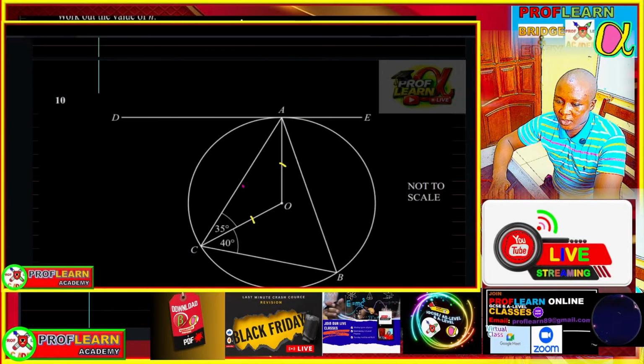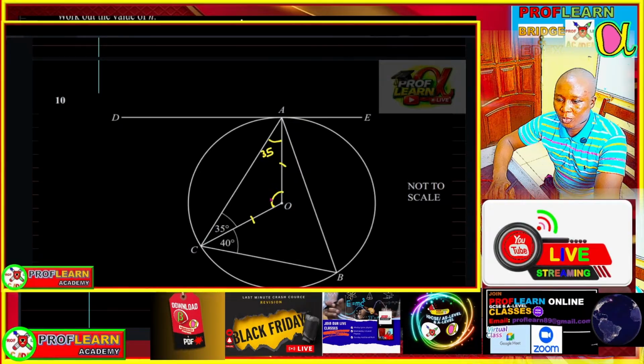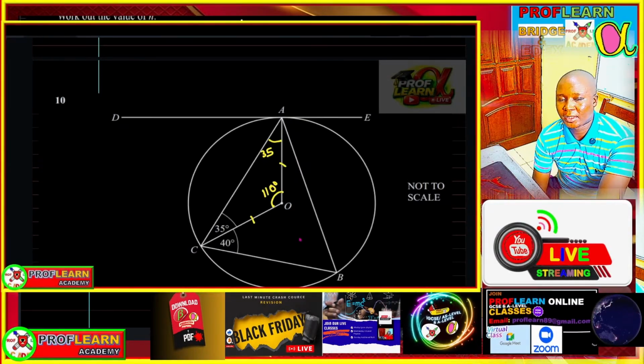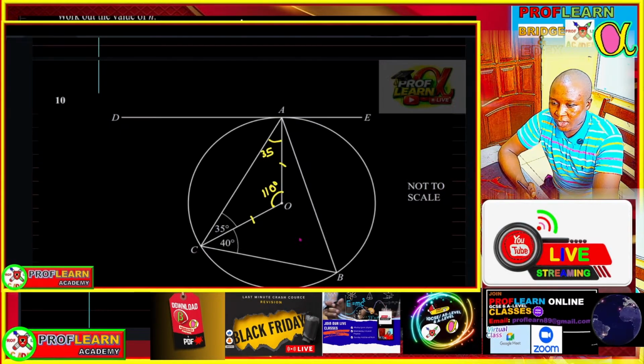If CO and AO are equal, then it means that the base angles are equal. So this is also 35 degrees. Once we have identified that, we can use angles in a triangle add up to 180. So this is going to be 110, because 35 plus 35 gives us 70. 180 minus 70 is going to give us 110.